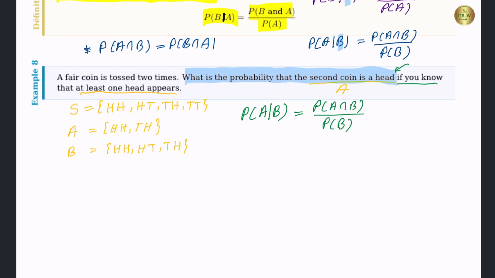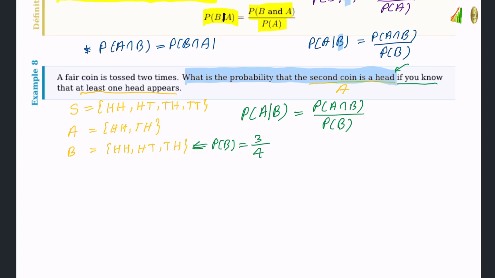Now we need to find the probabilities of these events, and if we don't know some event, we have to find it. Yes, we have the probability of B. What is the probability of B? B has only 3 elements and the number of elements of S is 4, therefore 3/4.